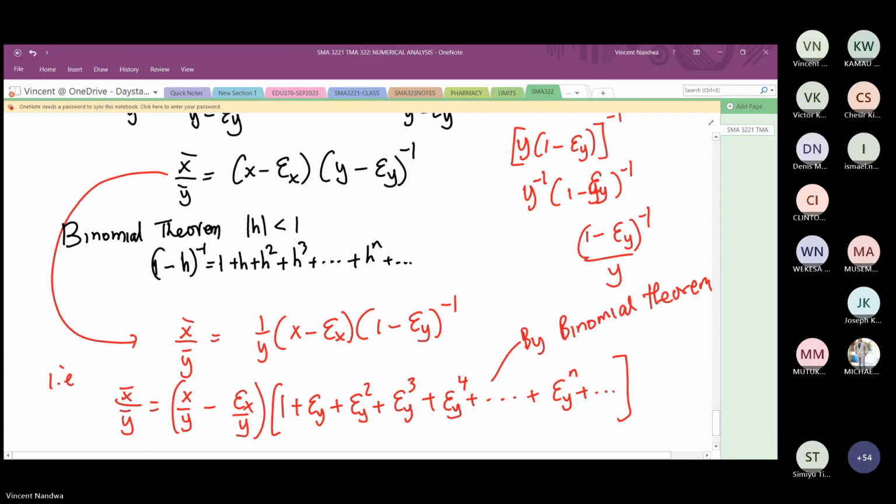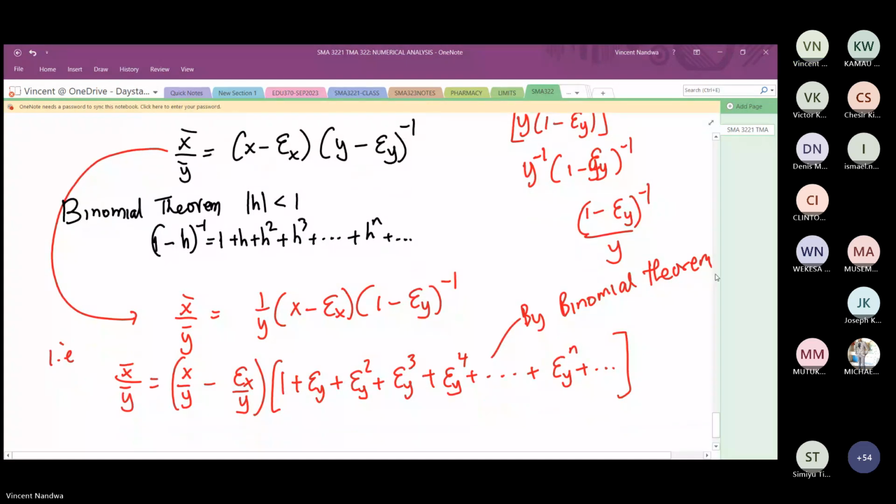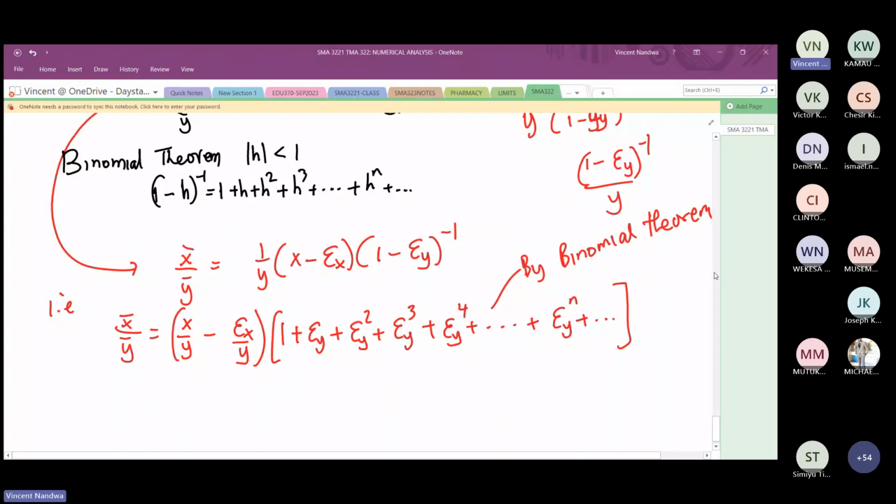Then remember, we are doing approximation up to first order. So we can have the first bracket, you multiply by 1 plus error in y, (x over y minus error in x over y).